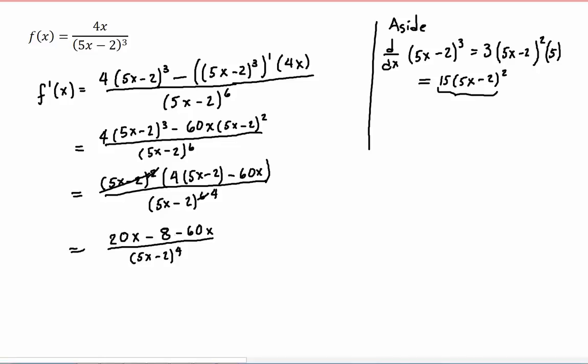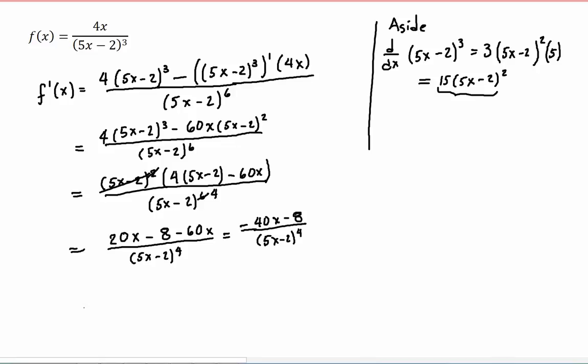Okay, now that I have that, I can just operate the terms with x and then factor out an 8. 20 minus 60 is negative 40x, and minus 8, all over (5x minus 2) to the fourth.